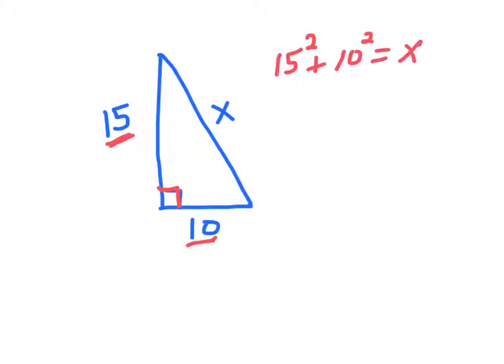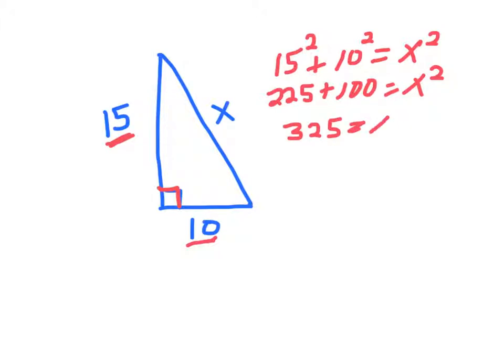It's going to be equal to x squared. So 225 plus 100 equals x squared, and I have 325 equals x squared. And the most common mistake would be to say, okay, this is going to be 325. But look at these numbers, 10 and 15 and 325. They don't seem to go together very well.